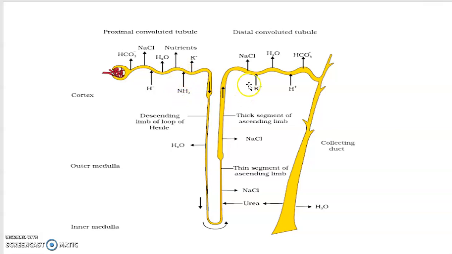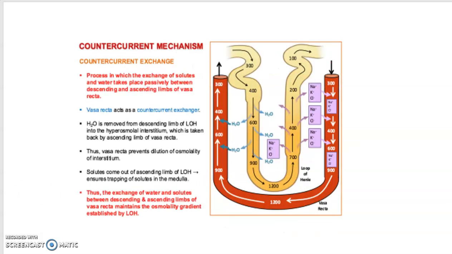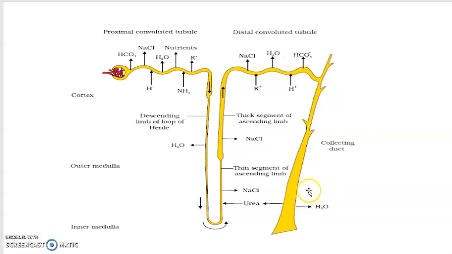Here some substances are secreted, but it is not shown here. That is an active process, which means it utilizes ATP. If something is coming out from here, this is called reabsorption. You have to understand that the inward arrow indicates secretion, and all these arrows which are coming out from this tube indicate reabsorption.